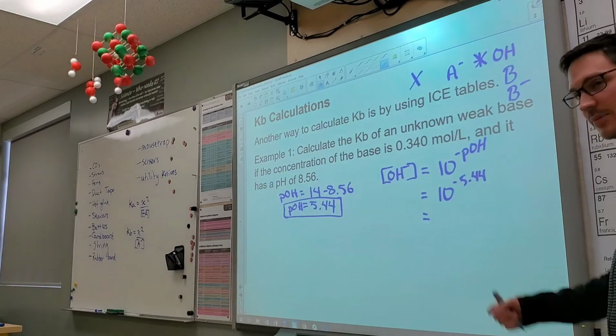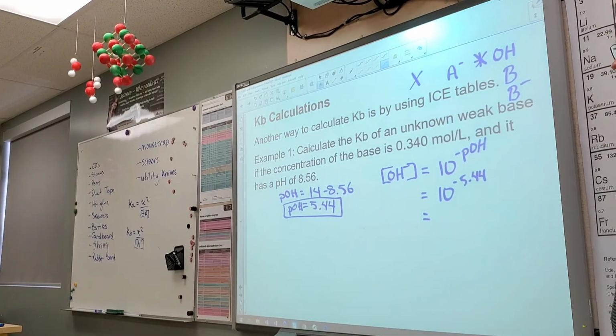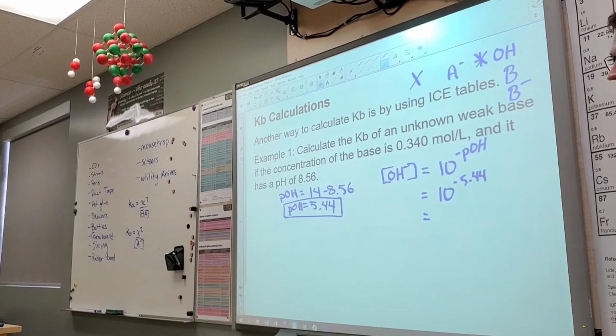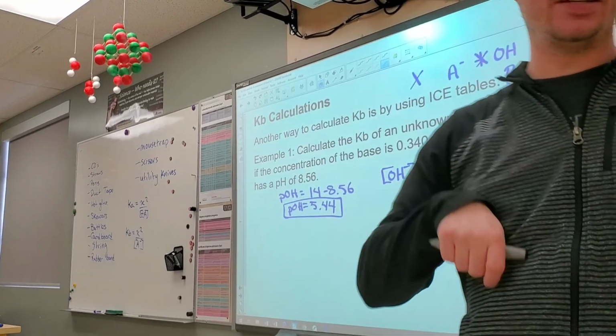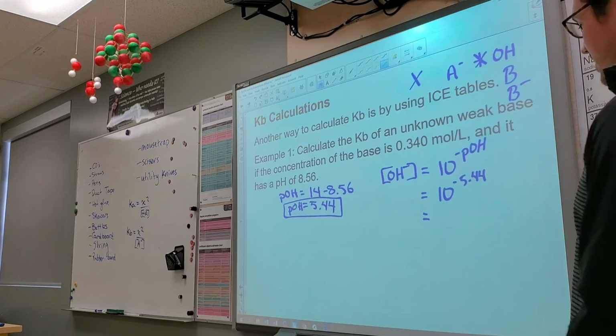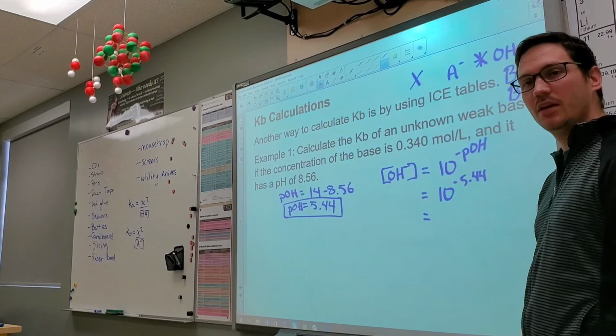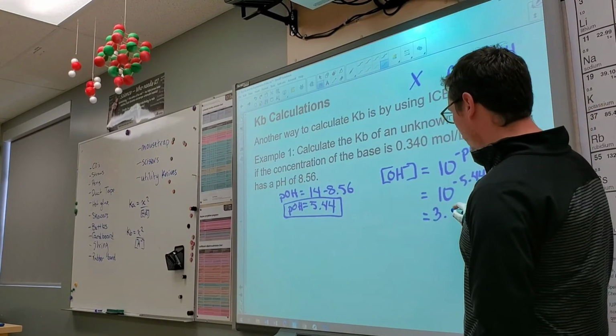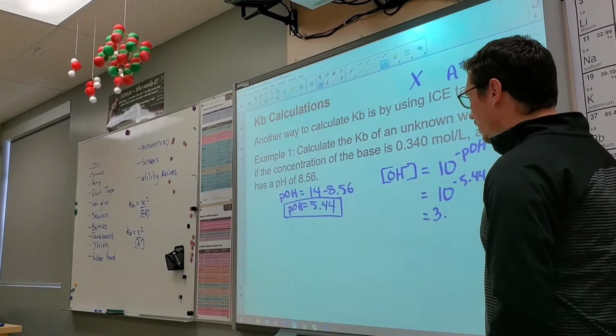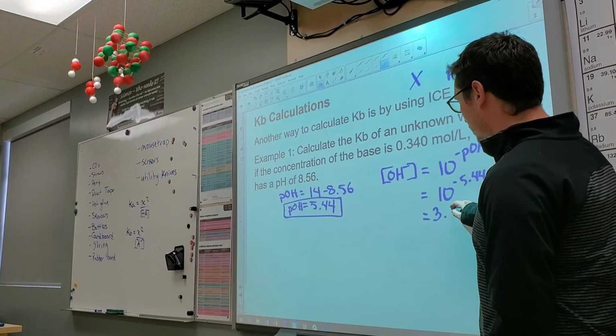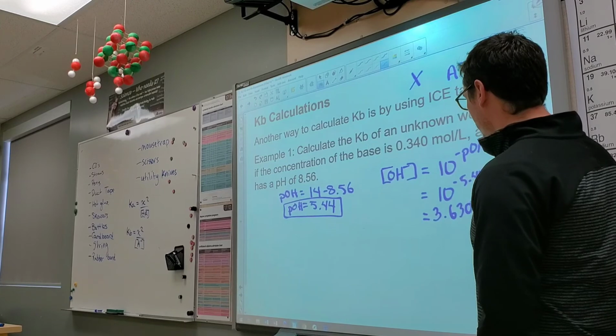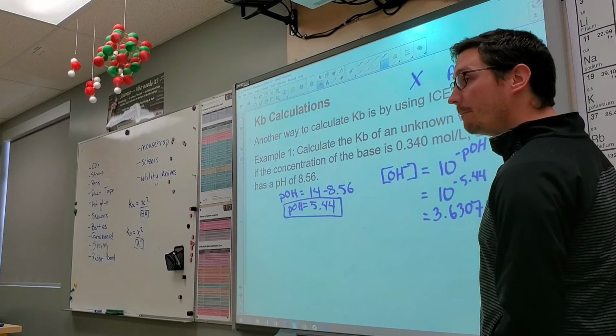This is the only thing I'm incapable of doing. To the power of something, to the power of a decimal point, it's not physically possible for me to do. 3.63. Just do it. 3.63. Okay, give me 6307 times 10 to the negative 6.